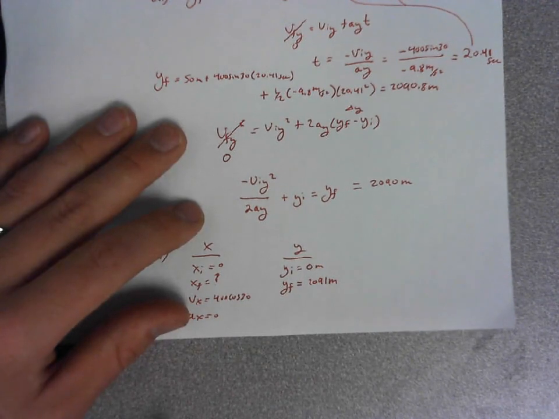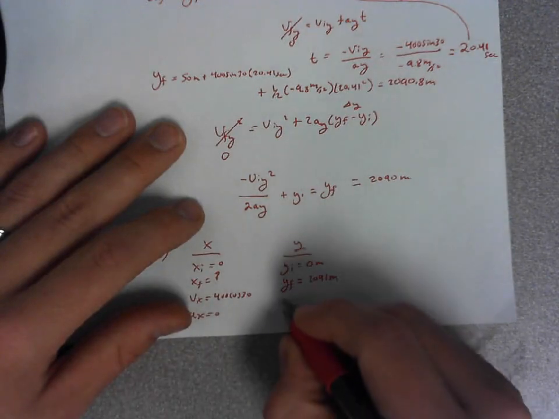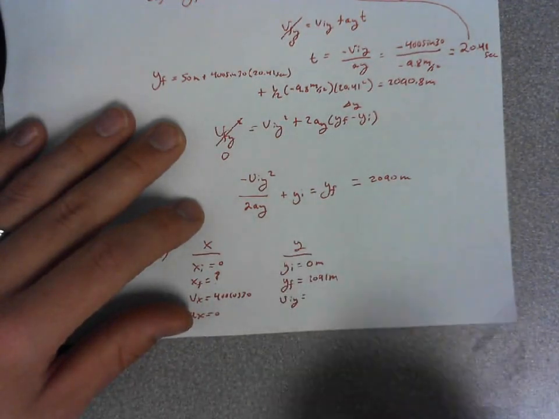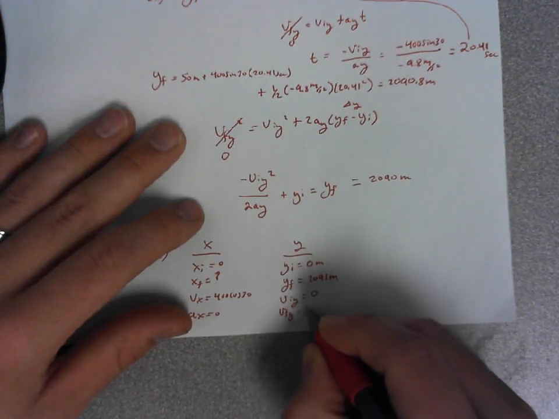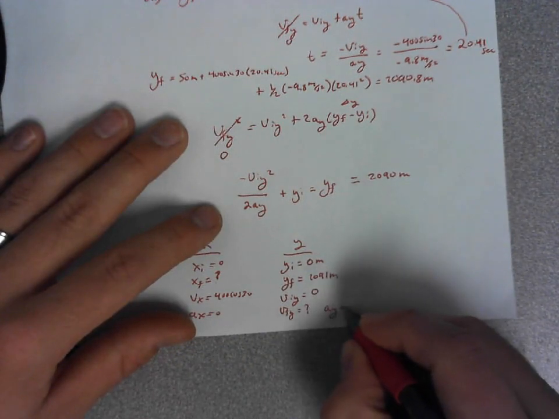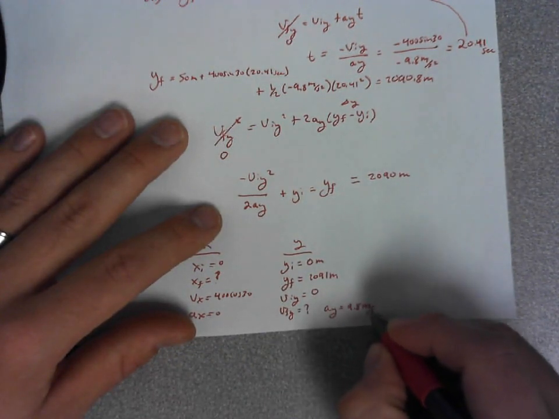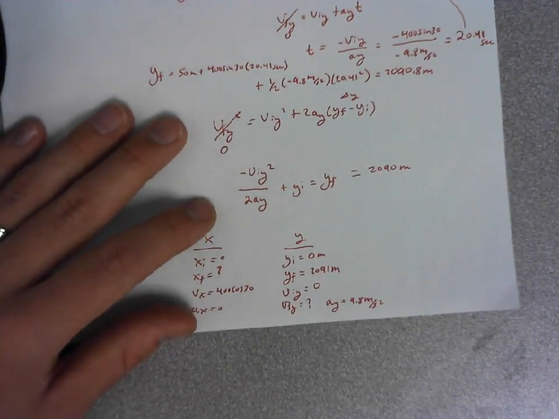Okay, so in this case, I'm stating that going down is a positive direction. Notice at the top of the arc, the velocity is 0, and I don't know how fast it's going at the bottom of the arc. And my acceleration is going to be a positive 9.8 because the whole problem is going down at this point.